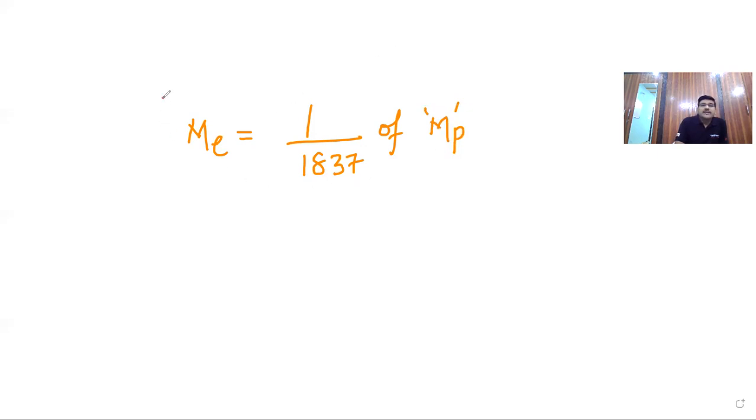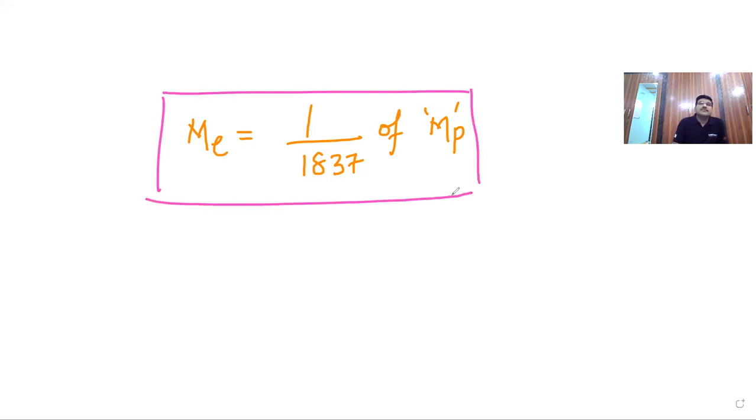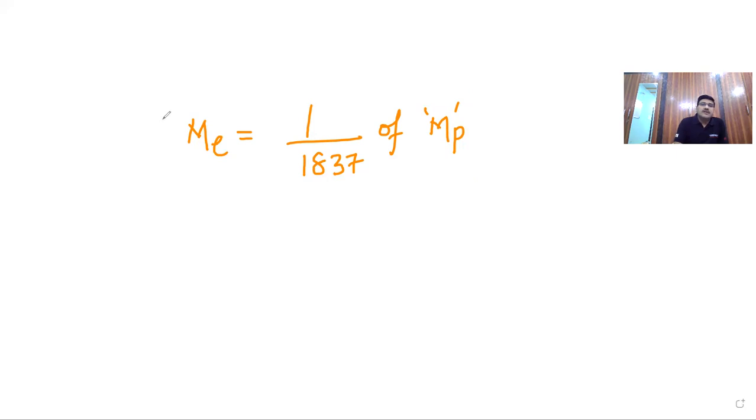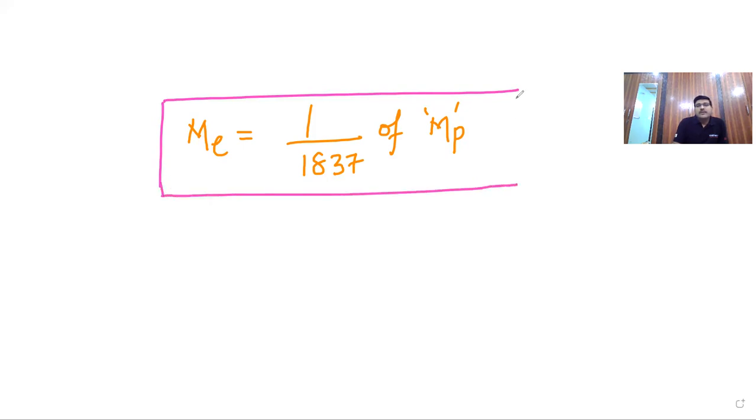Have the clarity. Mass of electron is 1 by 1837 of the mass of proton. That means proton has more mass compared to the electron. Is it clear?